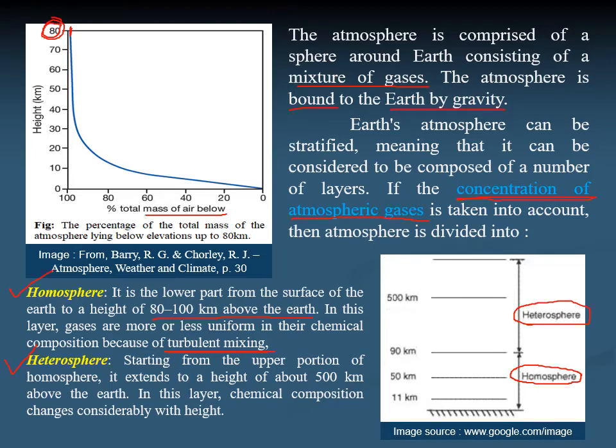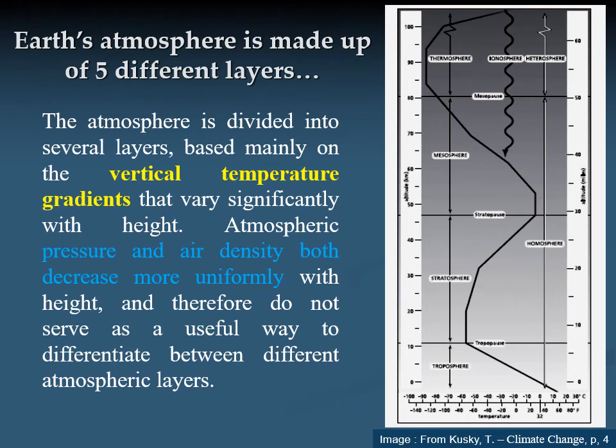Now, apart from the concentration of atmospheric gases, the atmosphere can be again divided into several layers based mainly on the change of temperature from the surface with altitude, and this is known as the vertical temperature gradient.